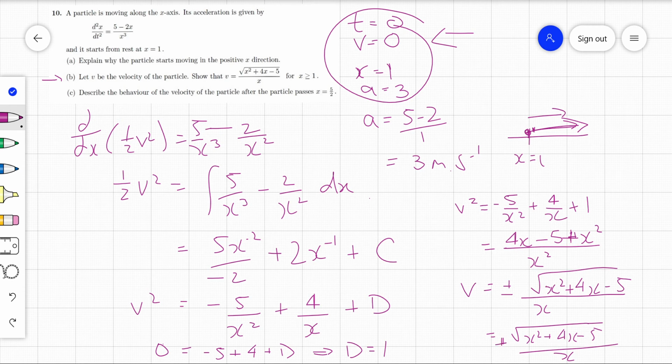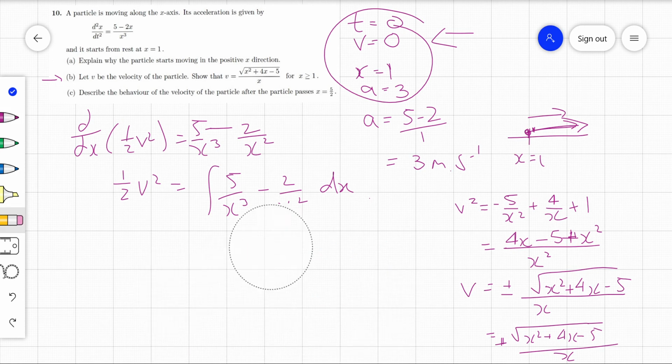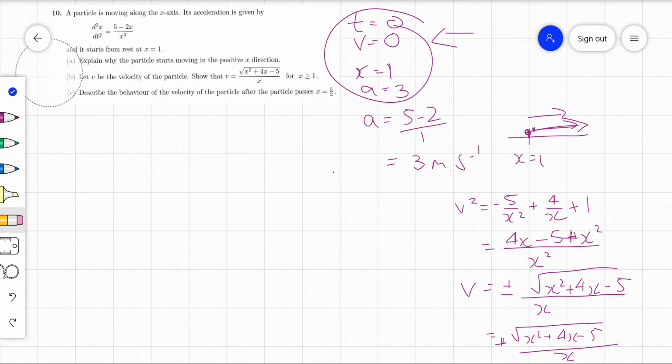All right, so what about C? Describe the behavior of the velocity of the particle after the particle passes x equals 5 on 2. These questions are a little bit weird because they're not meant to be HSC questions as such. In the book it says to graph it using Desmos or something.